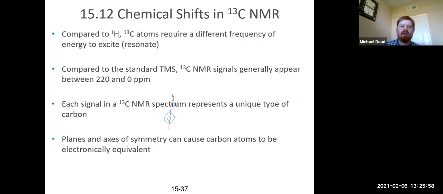So when we want to count the number of carbon-13 signals, we know that this is going to be 1, this is going to be 2, but this is chemically equivalent to this carbon over here, so that's also going to show up at 2. Same thing down here, 3 and 3. And then this one doesn't have anything chemically equivalent to it, so that's number 4. So phenol, we have 6 carbons, but we only see 4 signals when we look at its carbon-13 NMR.